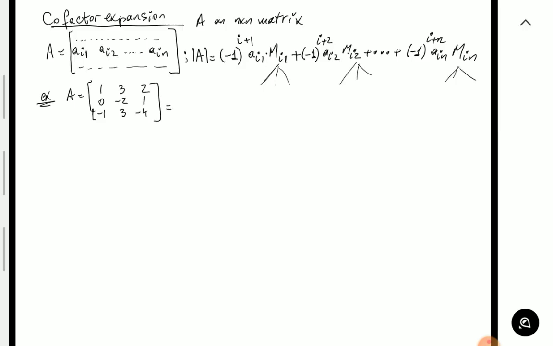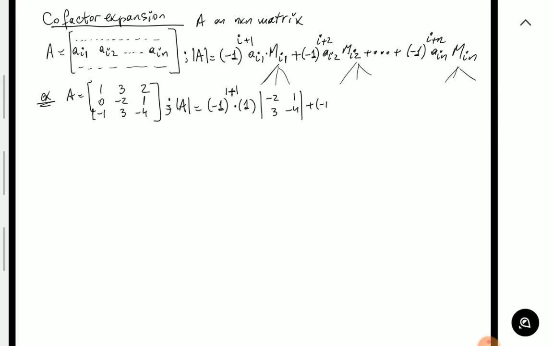So according to the definition, the determinant of A will be -1 to the power 1 plus 1, which is row plus column number, times the entry itself, 1, times the minor. So remove column 1, row 1. You're left with the minor given by the matrix -2, 1, 3, -4.